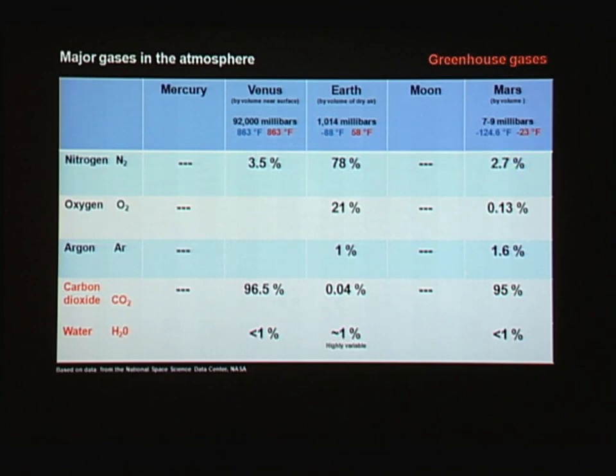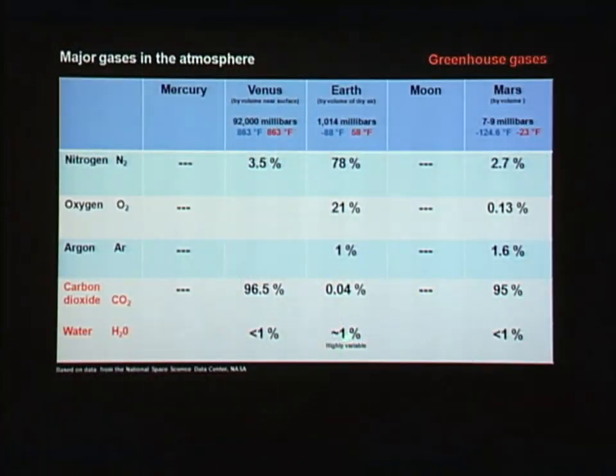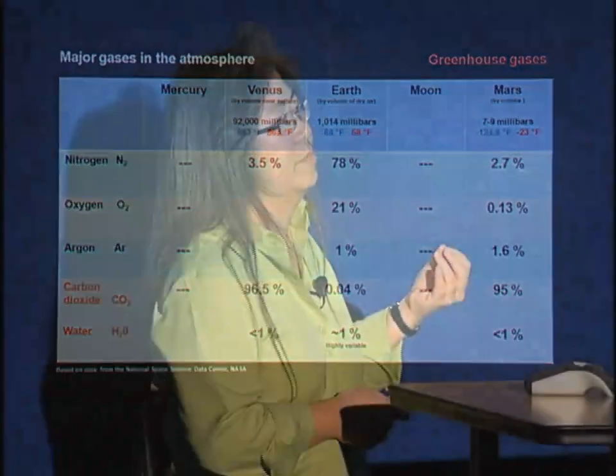Now, if we look at Mars, it's cooler than Earth. It's farther away, but this little bit of carbon dioxide, high by percentage, still keeps it a little warmer than it would have been without it. If we look at the Earth, this 0.04%, now I changed it up to 0.04% instead of the 300ths that some tables have, because we're now at, in the high 300s in parts per million of CO2.